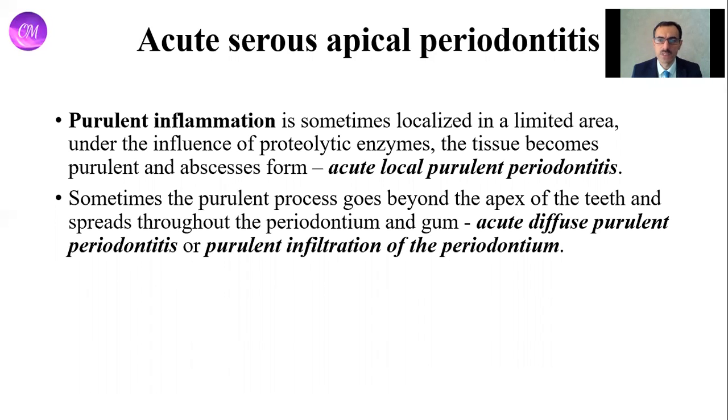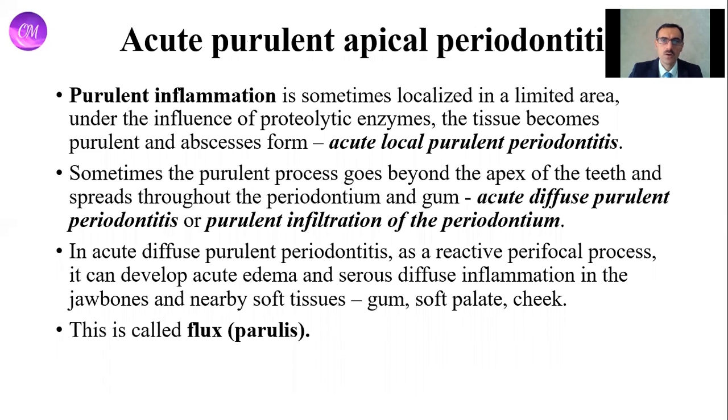Sometimes the purulent process goes beyond the apex of the tooth and spreads throughout the periodontium and gum. Acute diffuse purulent periodontitis, or purulent infiltration of the periodontium, develops.